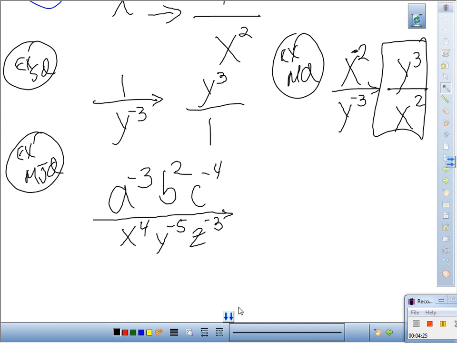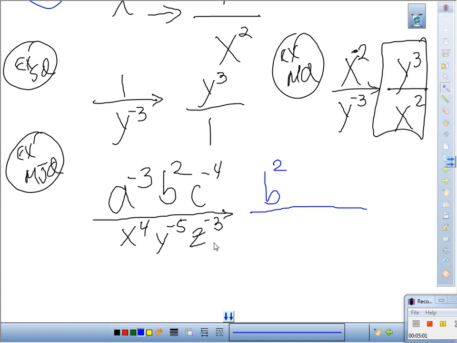Okay. Can you picture what goes in the numerator at the end? Can you remember what ends up in the numerator? All right, let's see. What stays from these 3 in the numerator by itself? B squared. Are we there so far? What from these, which one goes to the numerator?